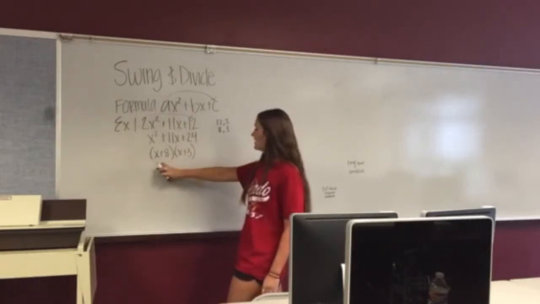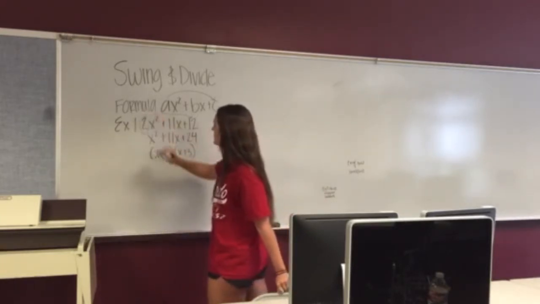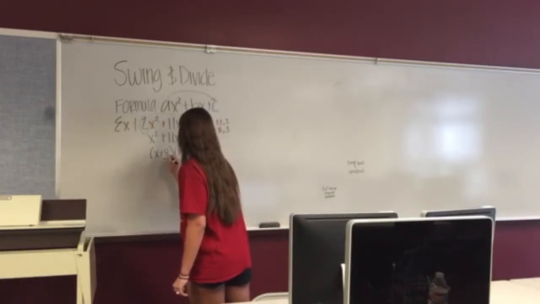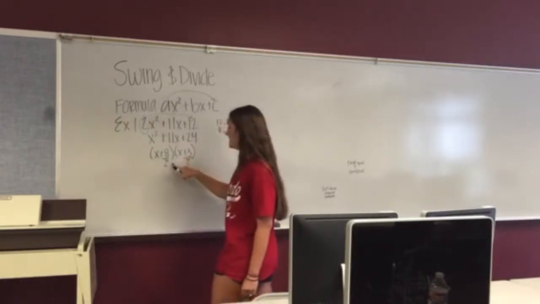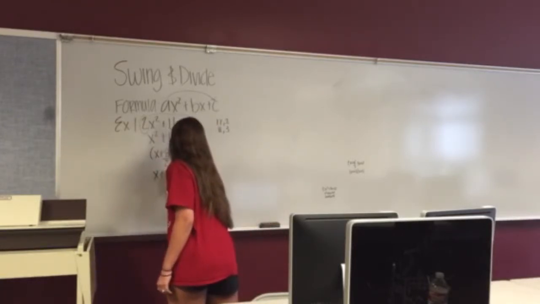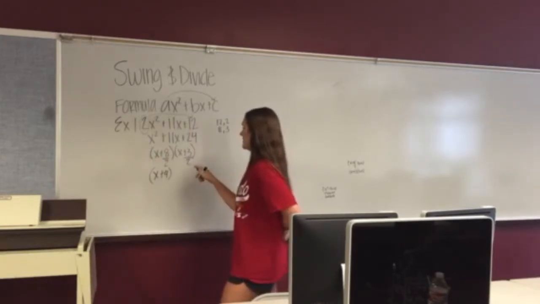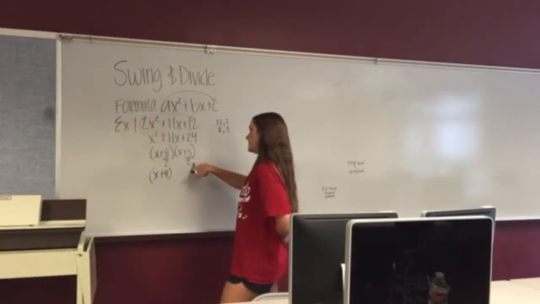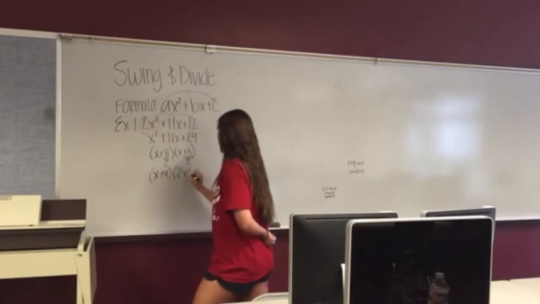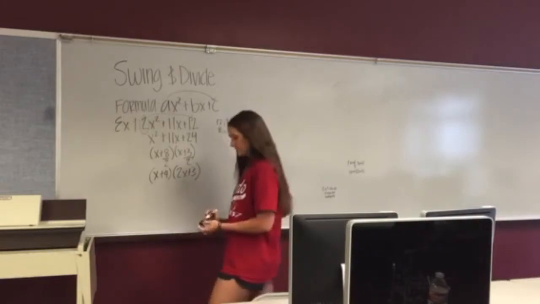So then after you get your two factors, you divide them by the original number. 8 divided by 2 is 4, so that'll leave you with x plus 4. And 3 divided by 2 doesn't go evenly, so you would take the denominator 2 and do 2x plus 3. And that would be your answer.